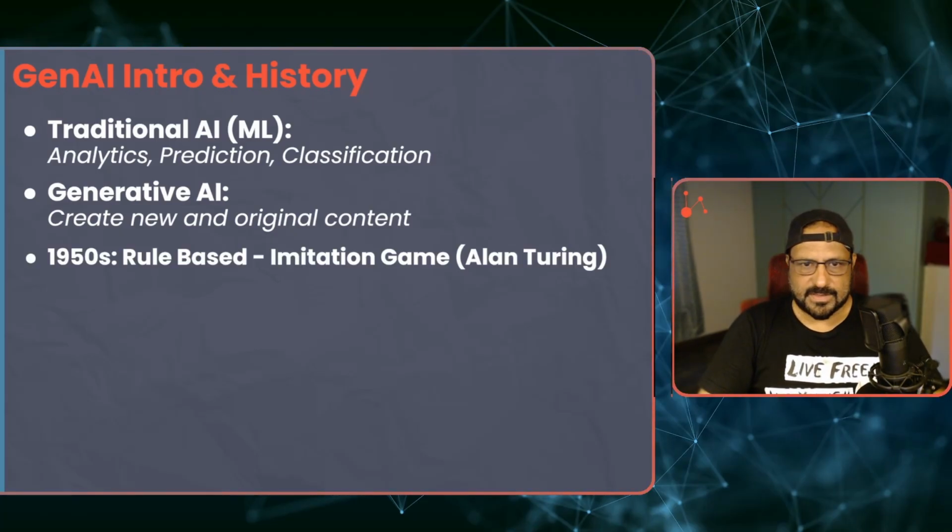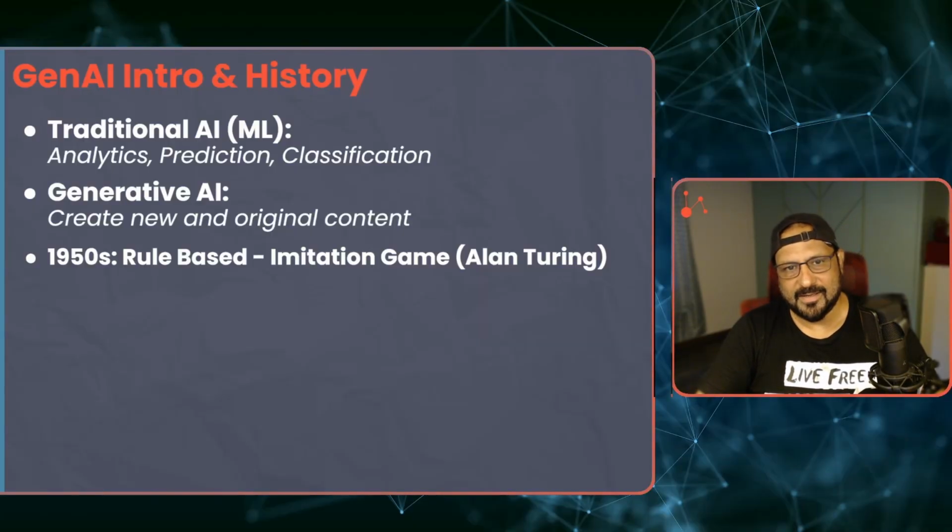Now, in terms of history, obviously there is no clear-cut answer. There's a lot of debate about where it started. Some people say it started somewhere around 1700, when some mathematician already thought that using math it's possible to generate artificial intelligence or have machines learn and do things, right?